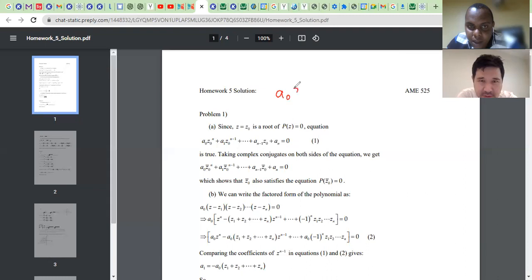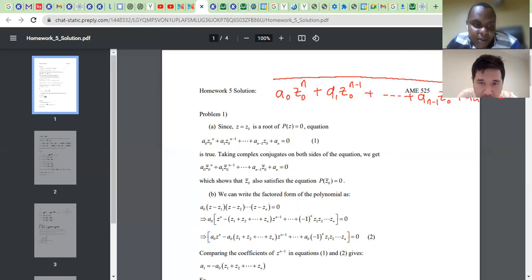So this is what happened: A naught Z naught to the N, A1 Z naught to the N minus 1, like that, up to AN minus 1 Z naught, AN equals 0. He just took complex conjugates on both sides.